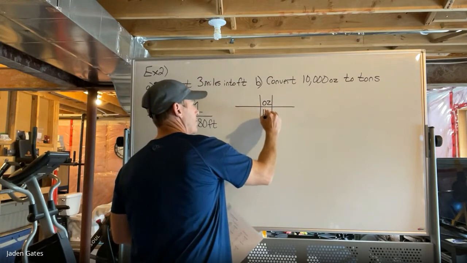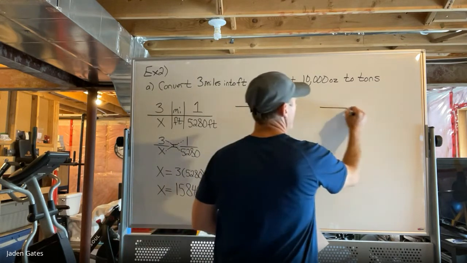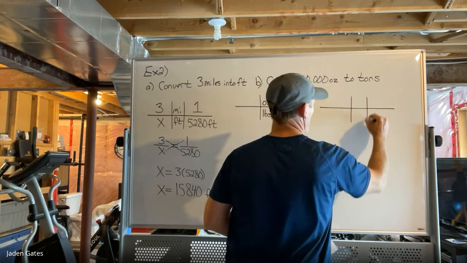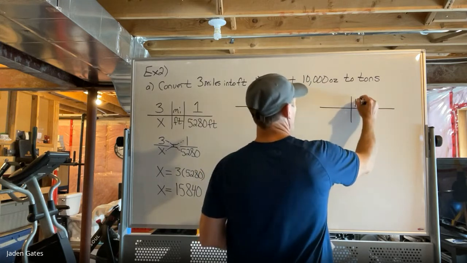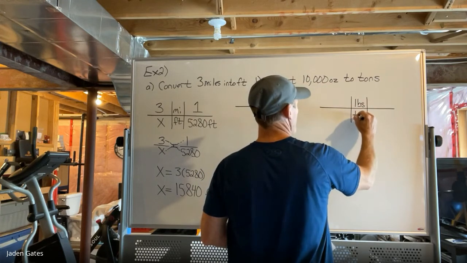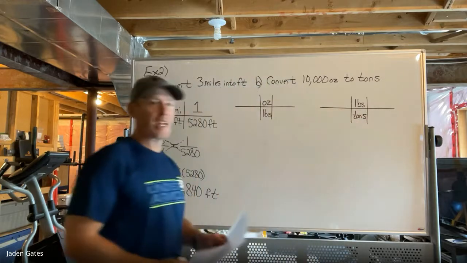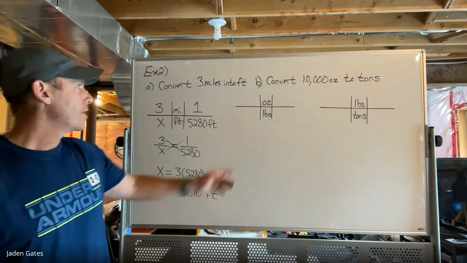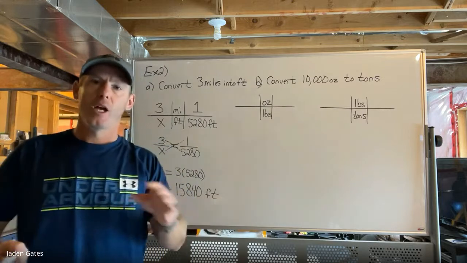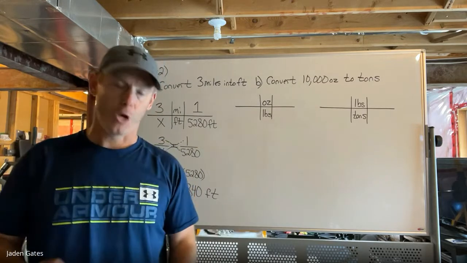So what I'm going to do is convert these ounces to pounds first, and then I have to do it all over again here. I'm going to convert those pounds to tons. So because there's no relationship between ounces and tons, I got to do it twice. All right.